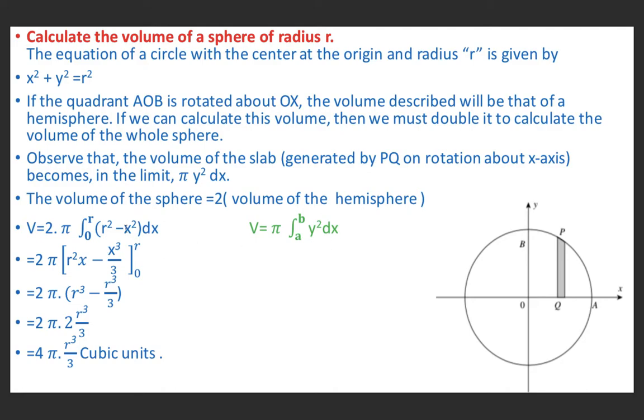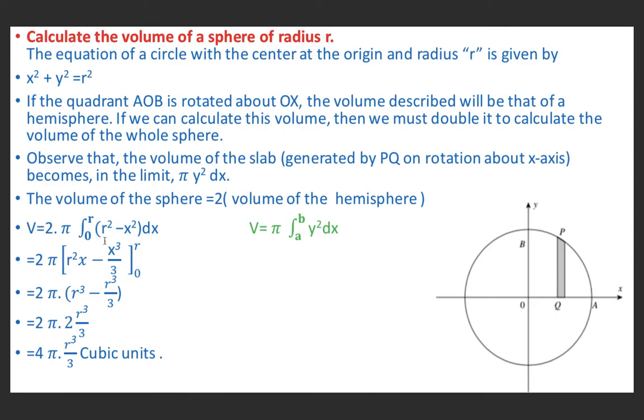Because it is twice the volume of a hemisphere, and for the hemisphere the limits are from 0 to r, because r is the radius of the circle. Y square is nothing but r square minus x square. So it is the integration of r square minus x square dx. So the 2 is because of this. This is the formula we have used.